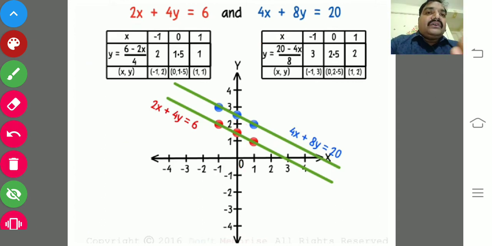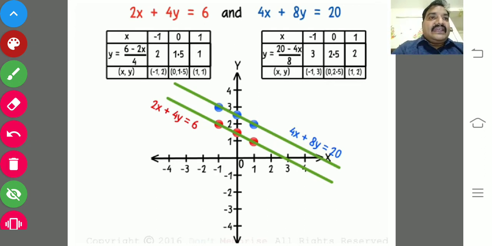Next 1, 1. And minus 1, 2. After plotting the 3 points, simply draw with the help of a scale, and you will get one line, a graphical line.